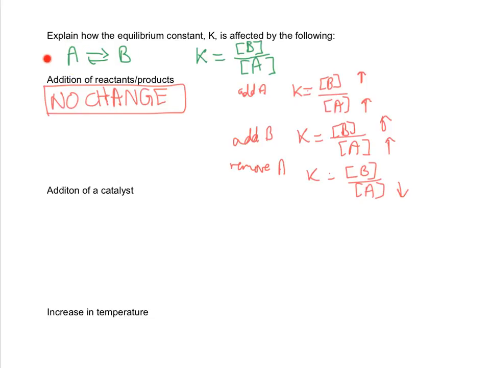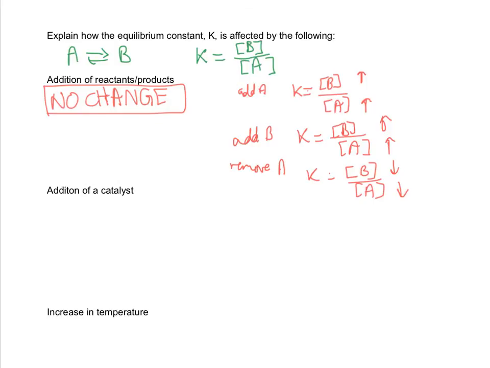It would shift to the left to make more A, or to use up B. So you can think of it as B also decreases, or A decreases and then increases again when you form more of it. So again, K remains the same. No matter what you do to the concentration, K will have no change. It will remain constant when you add or remove reactants or products.